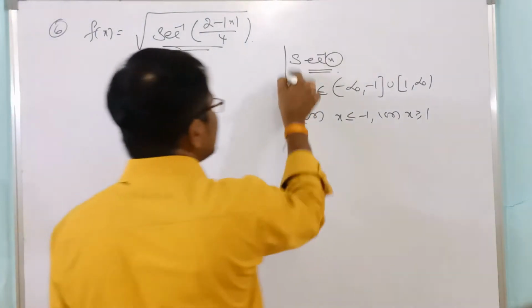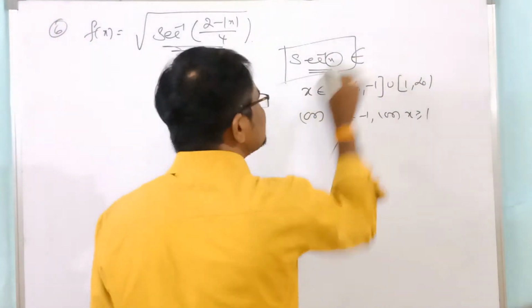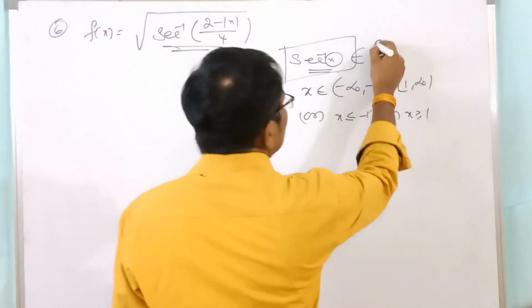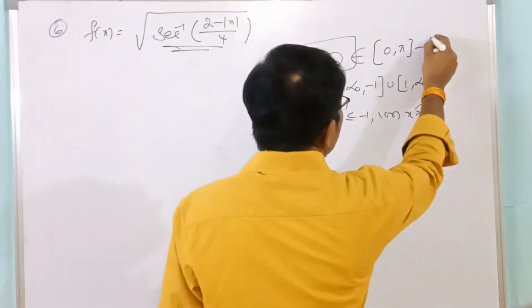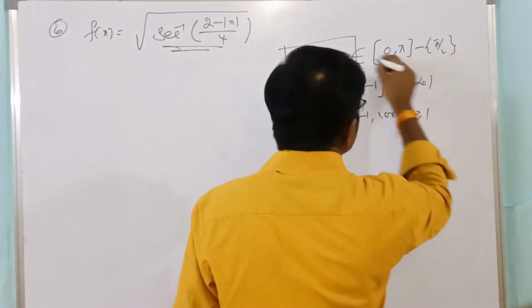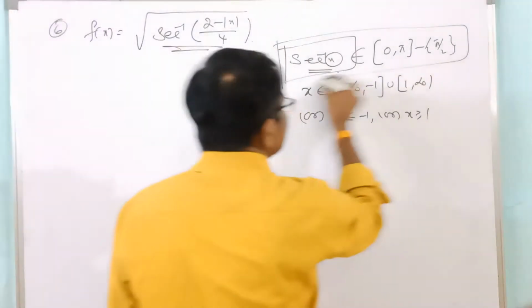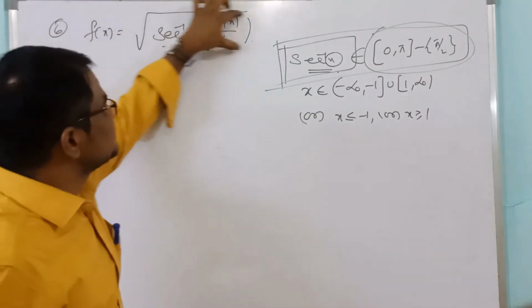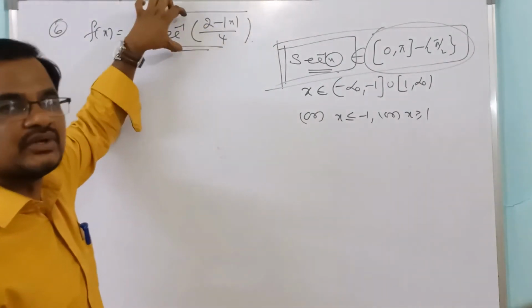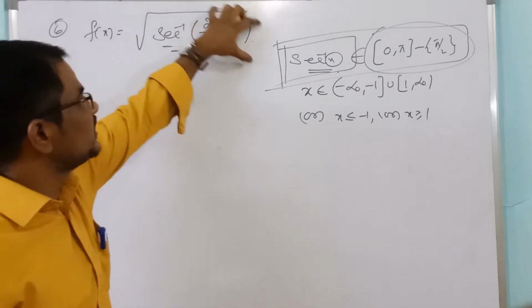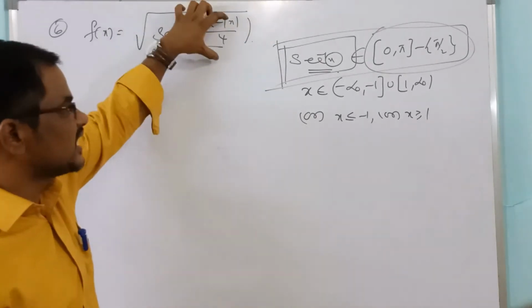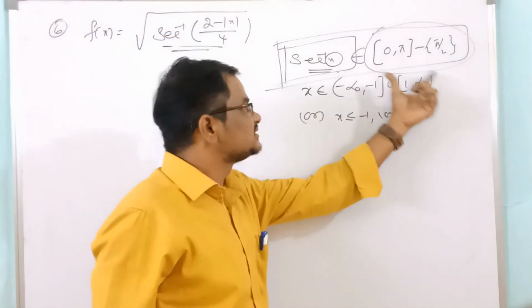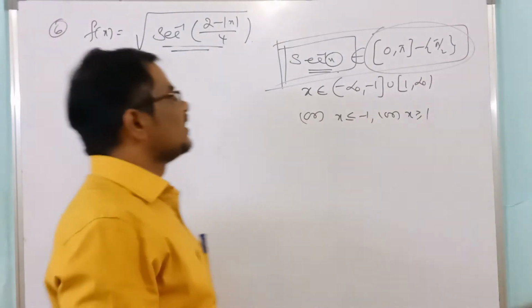And the range of this one is the closed interval 0 to pi except pi by 2, meaning secant inverse x is never negative, so no need to observe that, only this one we have to observe.